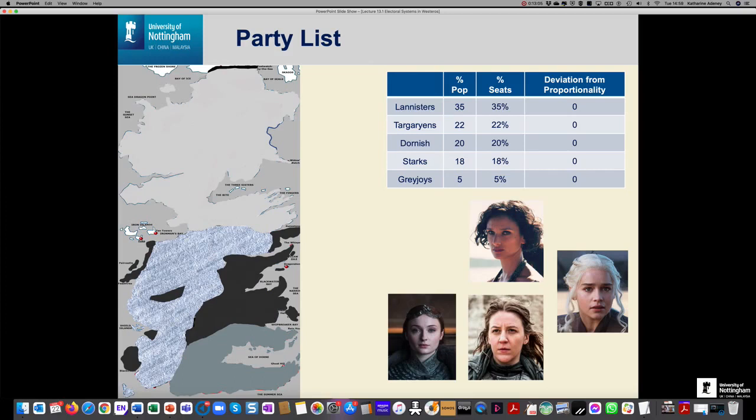Now, in this situation, if you have a 4 or a 3-person alliance, if we go back and we take the Dornish out there, you can see that 2 groups are going to be left out of government, both the Lannisters and the Greyjoys. And it's important to recognise that even the most inclusive of proportional electoral systems may guarantee representation in Parliament, but it doesn't guarantee representation in government.